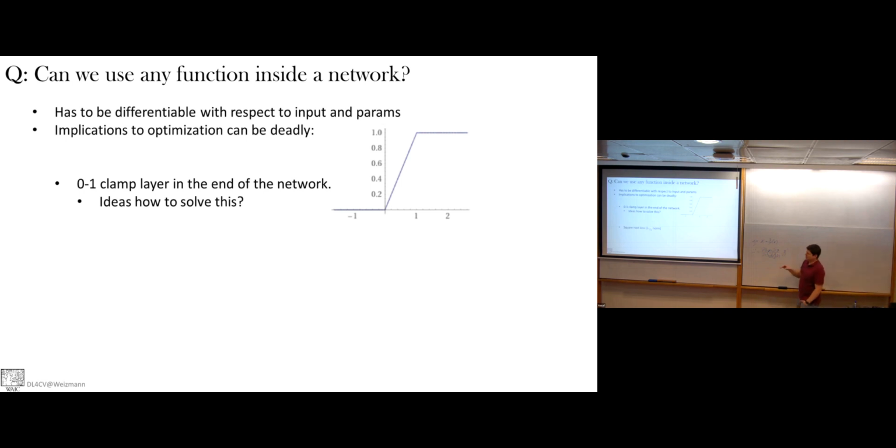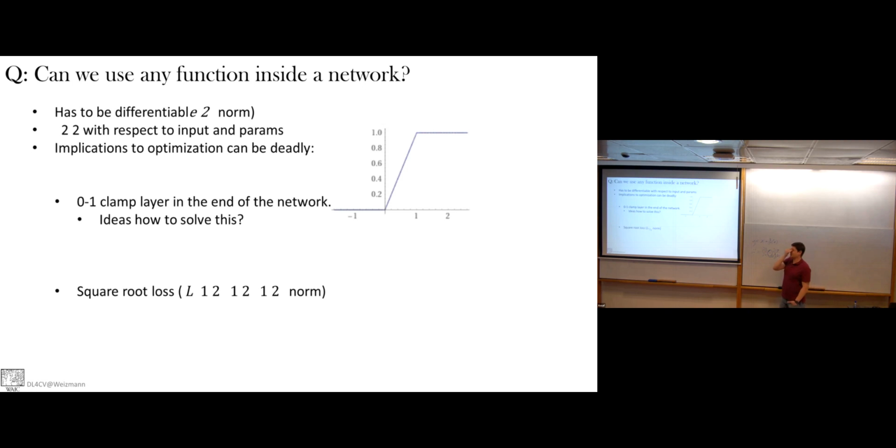I desperately needed some loss that encourages sparsity. And when you think about it, you can encourage sparsity by using norms, so you have L2, L1. If you're taking L something that is smaller than 1, like L half, then you encourage sparsity. L half means taking square root. So I was thinking, let's use a square root as a loss.